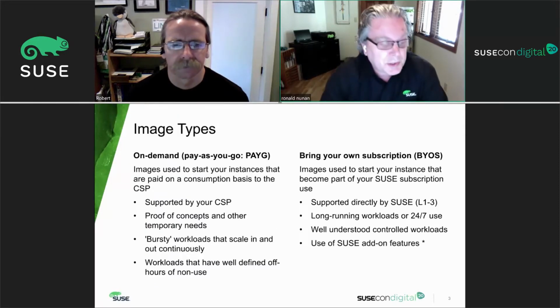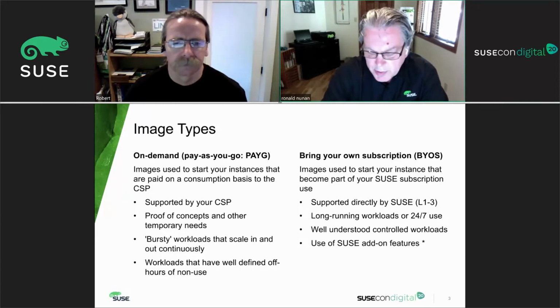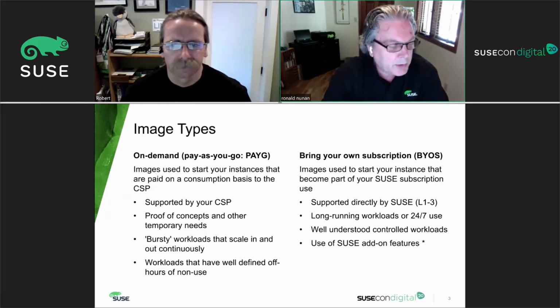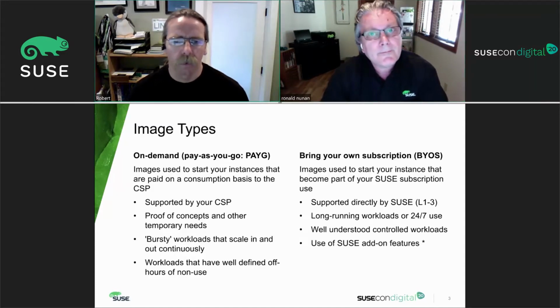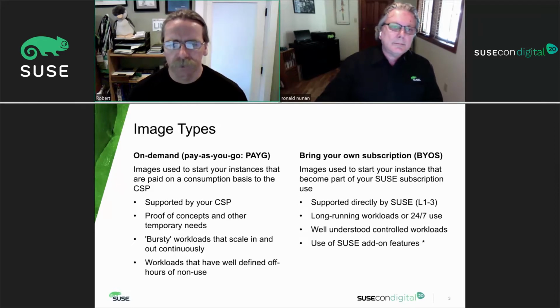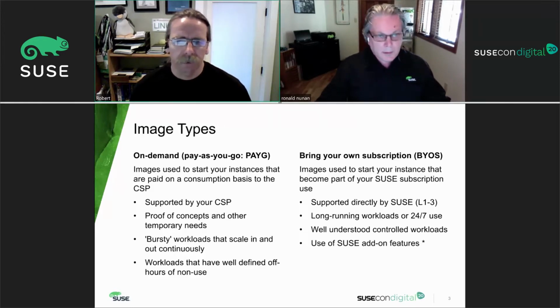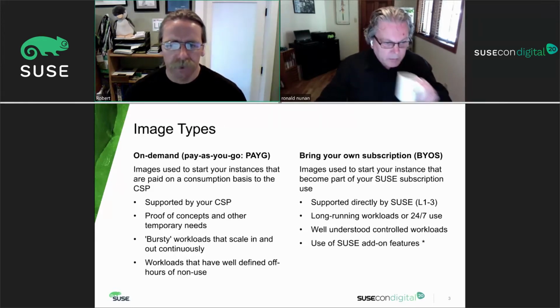All right, here we go. So let's talk about image types. There are a couple of types of images, and Robert is really good at describing these. Robert, you want to just kind of walk through this? Yeah, sure. So we have pay-as-you-go or on-demand, and we have bring your own subscription. Let's start with bring your own subscription.